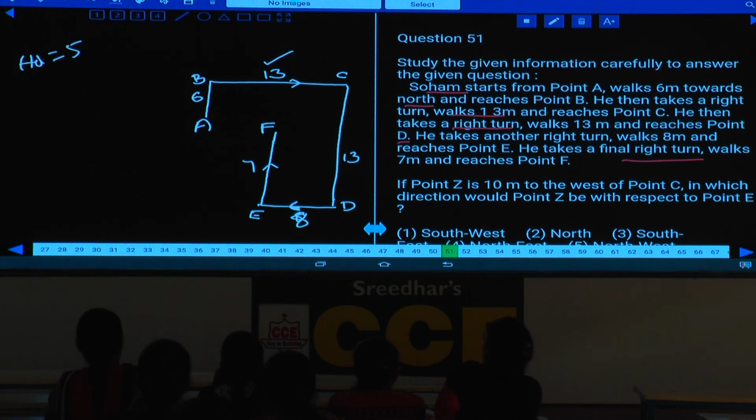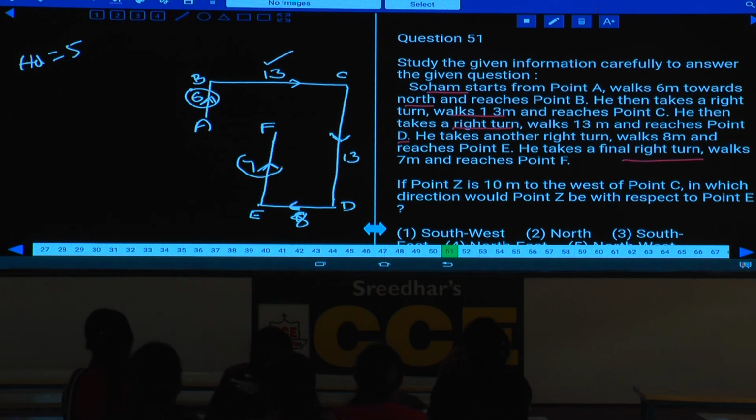Then coming to the vertical distance, 6 towards north, 13 towards south and 7 towards north. Towards north the total distance covered is 6 plus 7, 13. Towards south, 13. Hence 13 minus 13, the effective vertical distance will be 0. Vertical distance is 0, only the horizontal distance left over is 5.